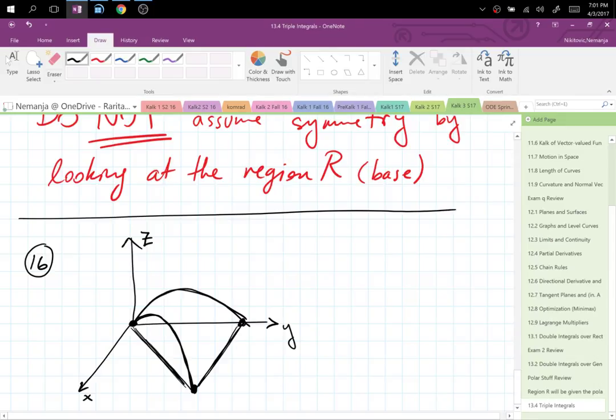The surface on top is z equals sine y. Observe the x, remember, parallel to x, the shape. Technically you can draw another one over here, the same thing. It goes forever.